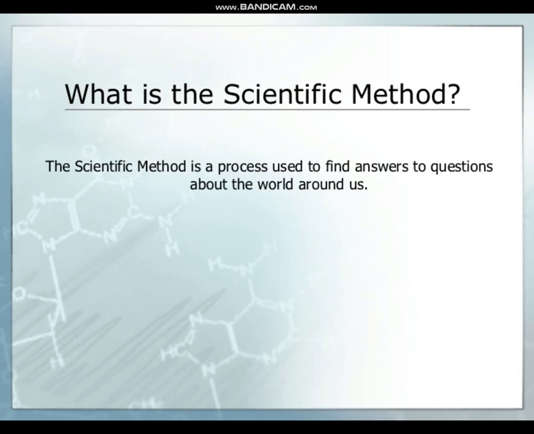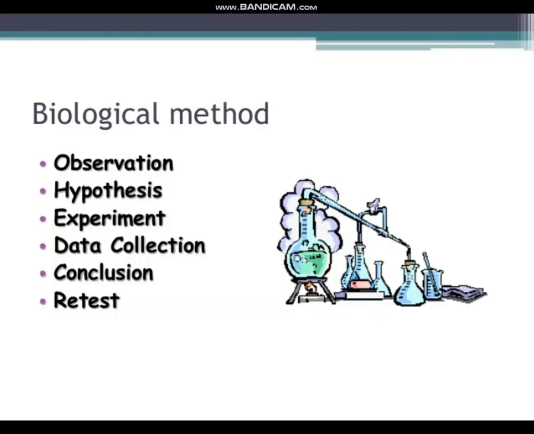So scientific method is a process used to find answers to those questions we are curious to learn or know about. It deals with questions that tell us something about the world around us.